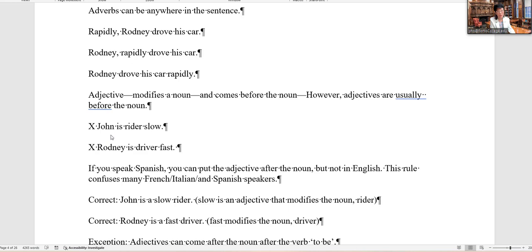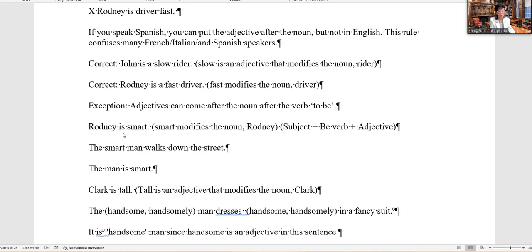However, an adjective is usually before the noun. So we don't say John is a writer slow. We always tend to say John is a slow writer. So adjectives tend to come before the noun, unlike an adverb that can occur almost everywhere in a sentence. There's only one exception to that rule, if I say the man is smart.